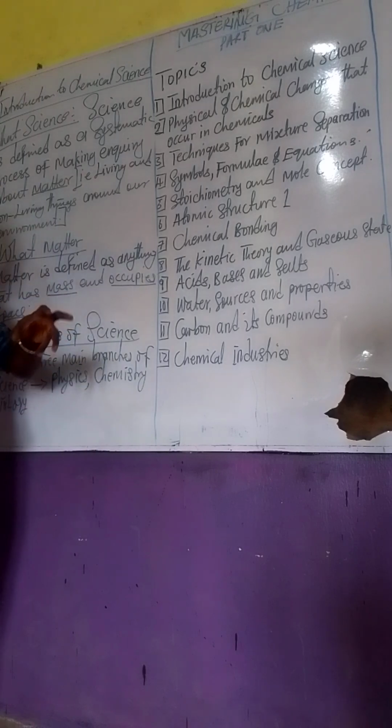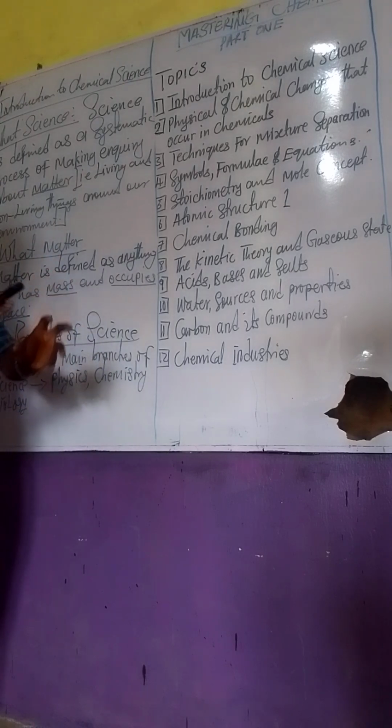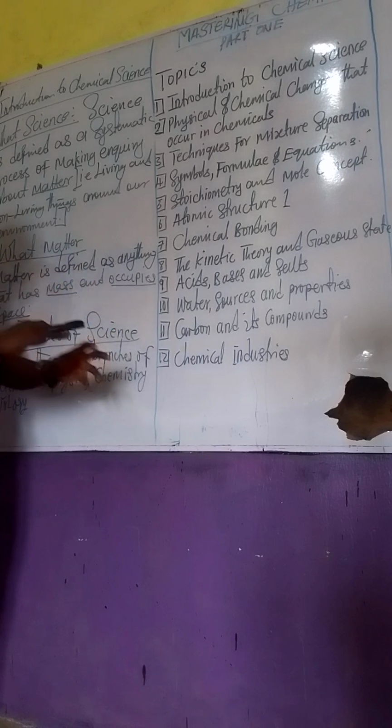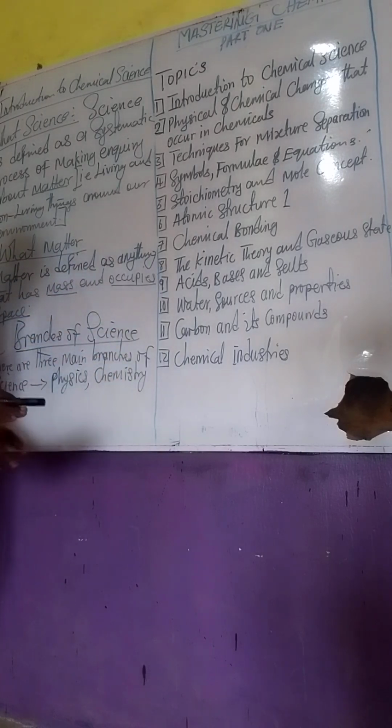Let me repeat: physics is a branch of science that deals with the behavior of matter in relation to its energy content. That's behavior and energy. That's what physics is centered on.